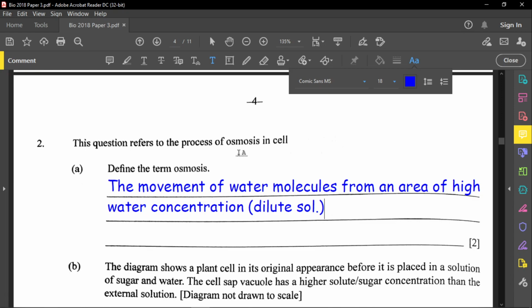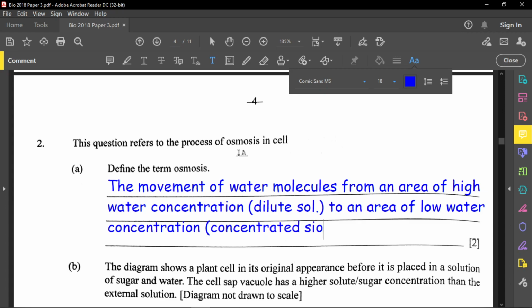All right, so you move from a high water concentration, which means a dilute solution or a high water potential, to an area of low water potential, okay, or low water concentration. All right, and this would be a concentrated solution. We must put that right there, a concentrated solution.